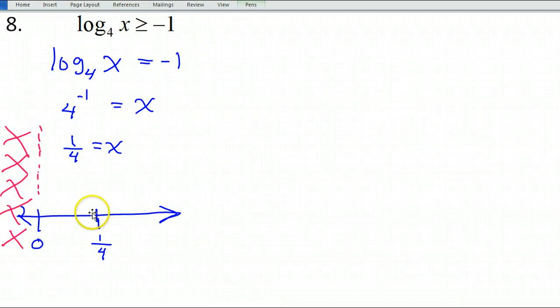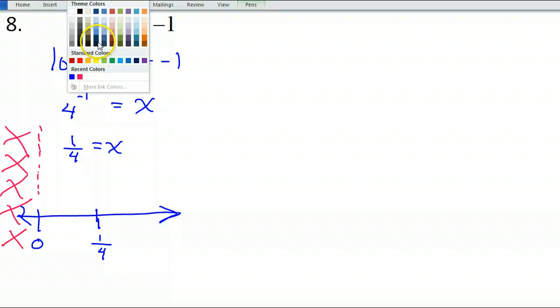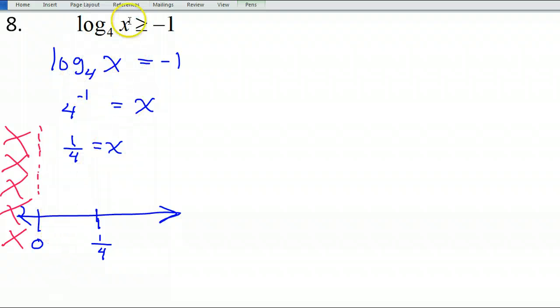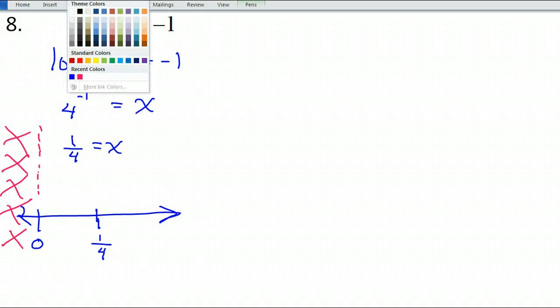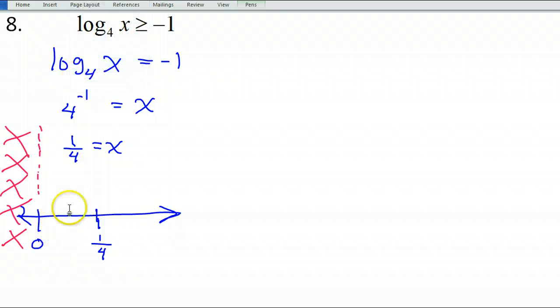So I still need a test value. Like I did before, I'm going to use a test value of 1. Now be careful. Is the 1 going to go over here or over here? Yeah, 1 is bigger than 1/4, so I need to put it over here. That's my test value, so let's check it out.